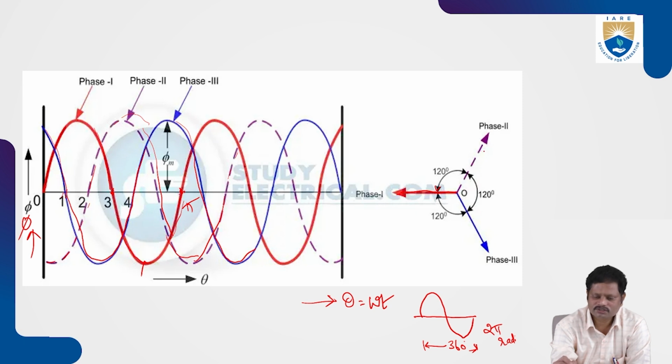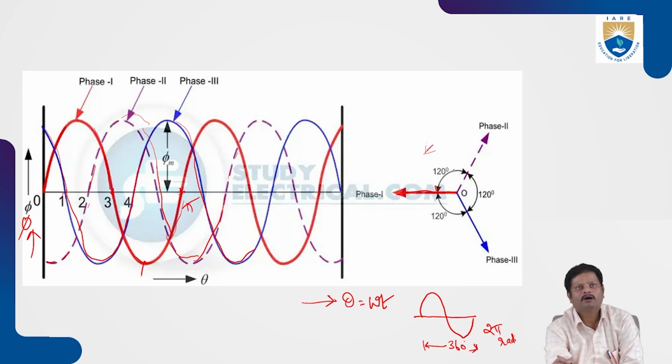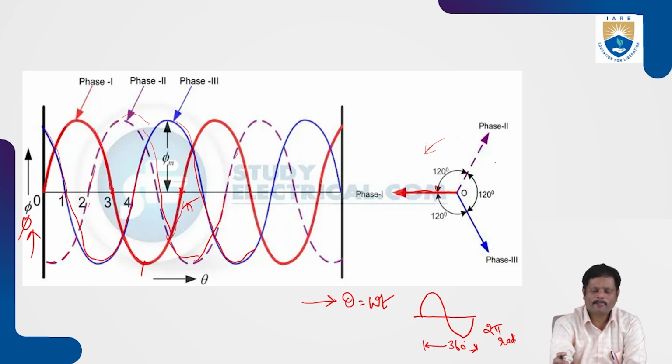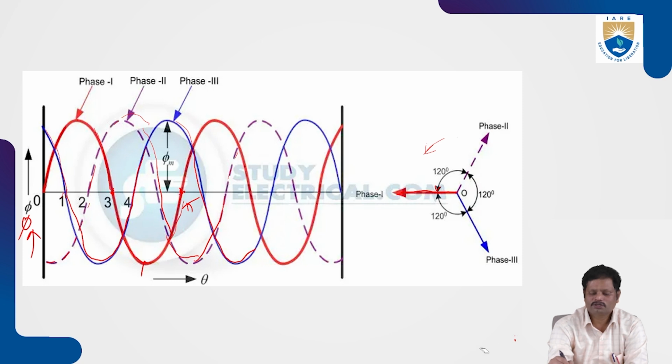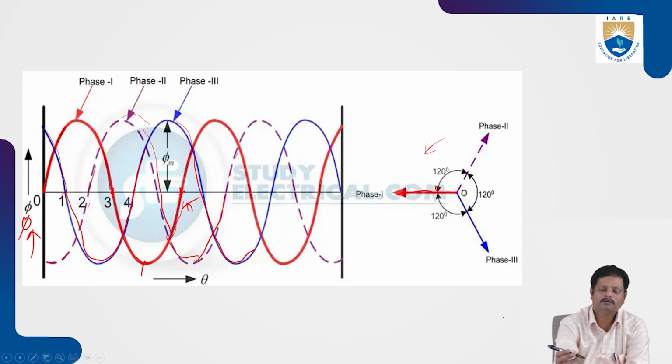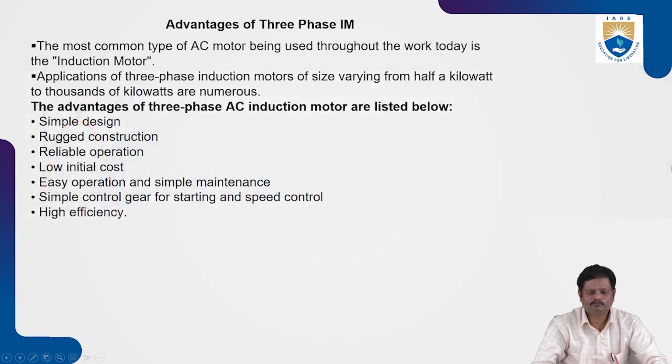If we assume it is rotating in the anti-clockwise direction, phase 1 and phase 2 are electrically displaced by 120 degrees, and phase 3 is again 120 degrees from phase 2. So these are electrical degrees separated by 120 degrees each.